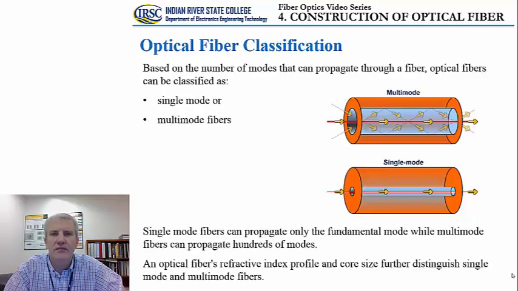Let's review a little bit the basic classification of optical fibers. We said that optical fibers can be categorized into single mode fibers and multi-mode fibers, based on the number of modes that propagate through the optical fibers.